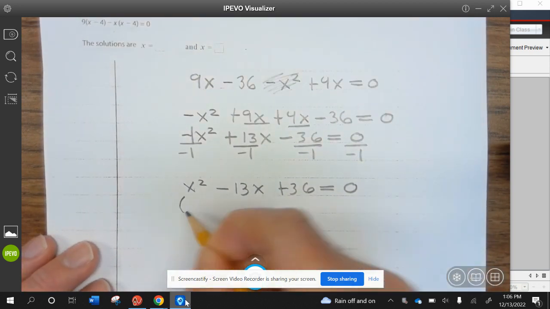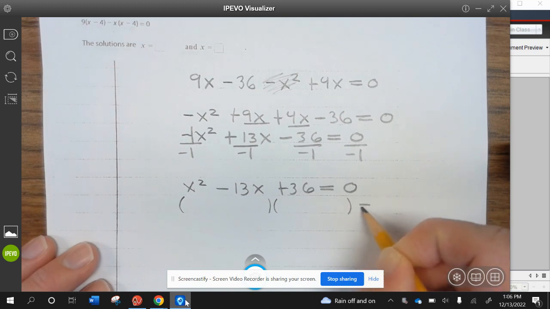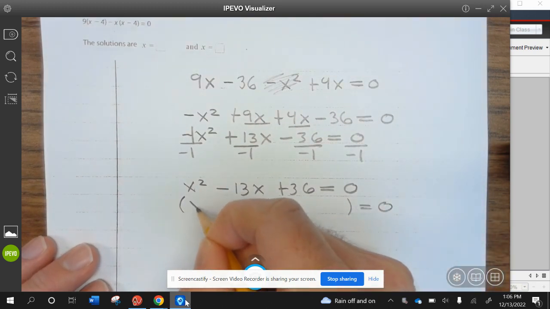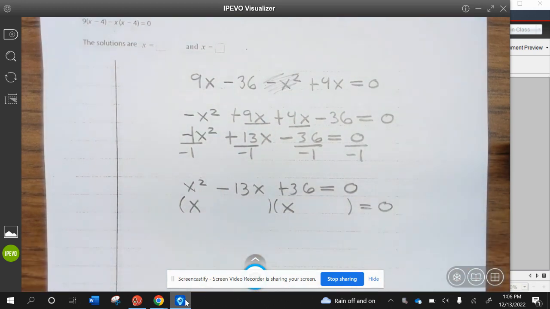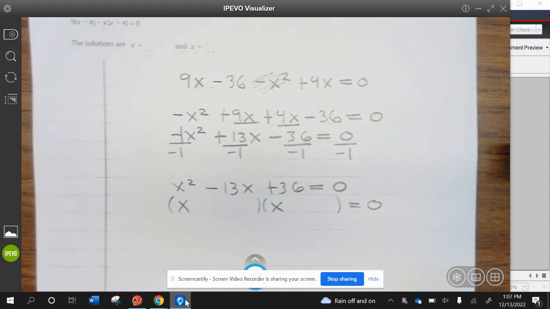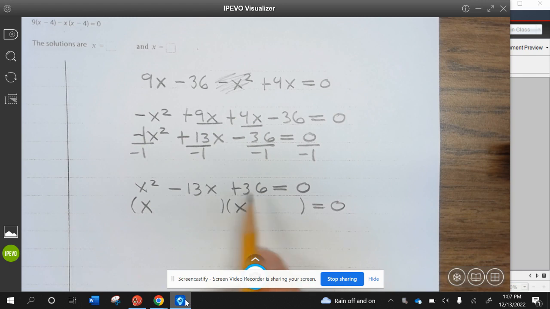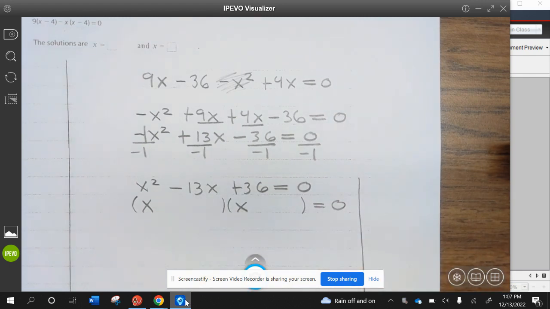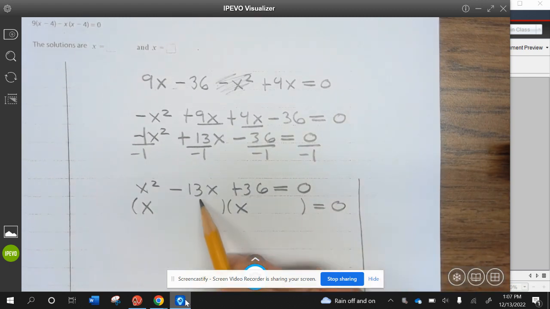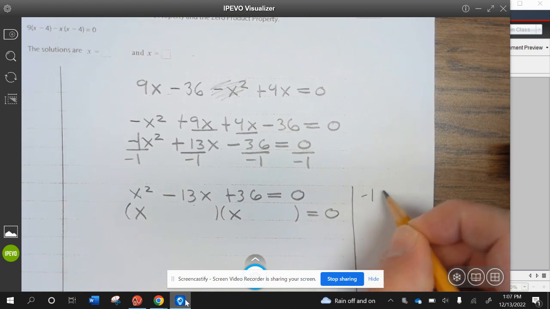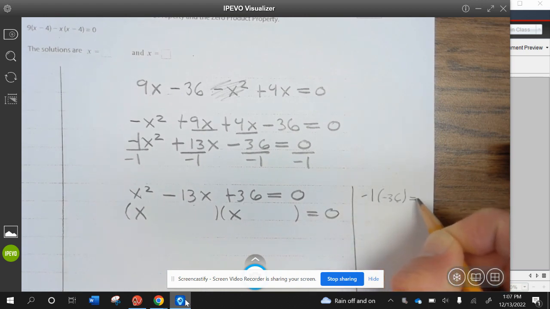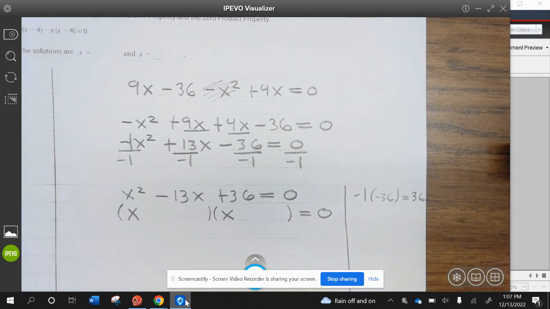Now to factor this, 2 parentheses equal to 0, x and x. Okay, now we need to figure out what numbers multiply to give you 36 and combine to be negative 13. Now, in order to get a positive number here and a negative number here, both numbers have to be negative. So negative 1 times negative 36 is positive 36.